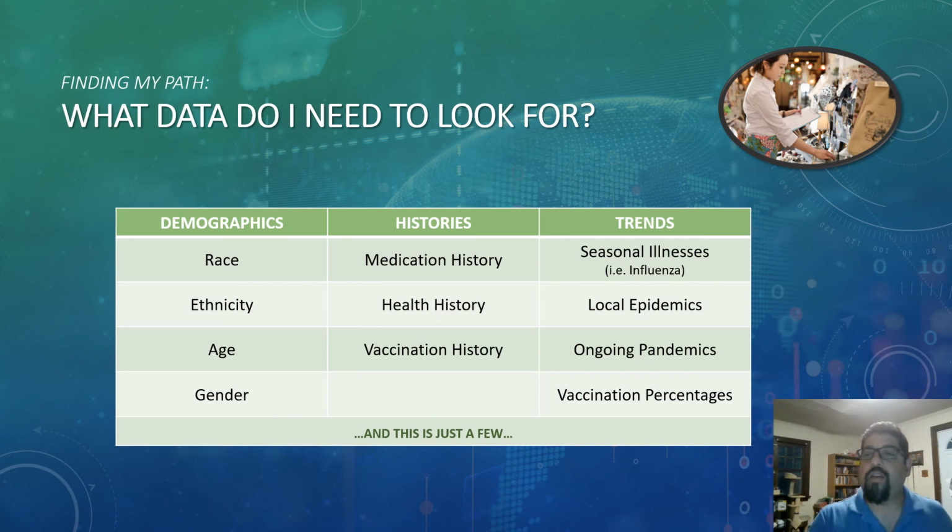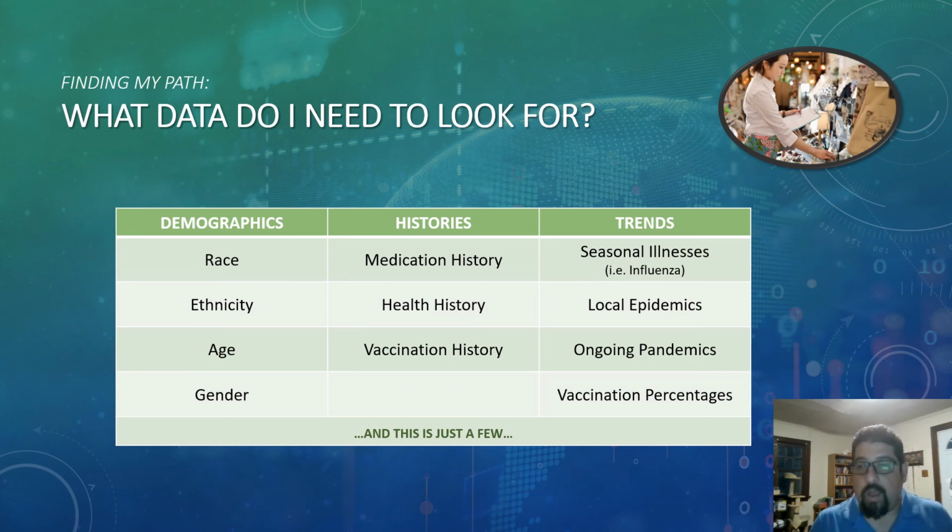The other thing we're going to be looking for are trends. Seasonal illnesses, such as influenza, occur during very specific seasons for the most part. We're going to be looking at local epidemics. I mean, we think of epidemics as a disease, but it could be that this community has a high percentage of college kids who engage in marijuana usage.